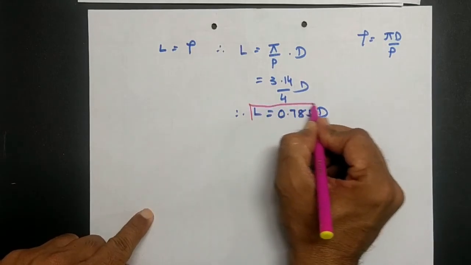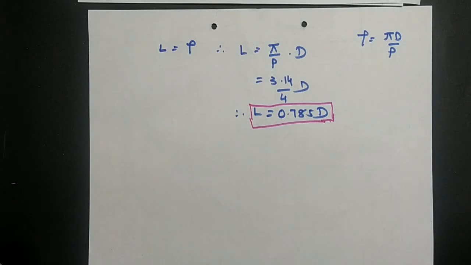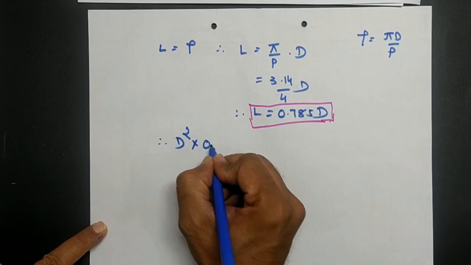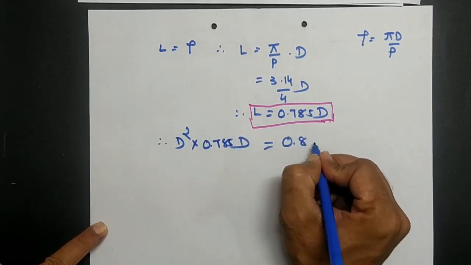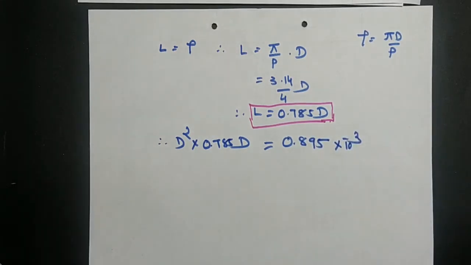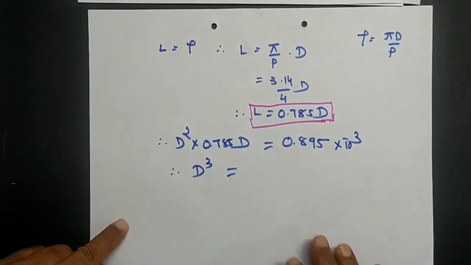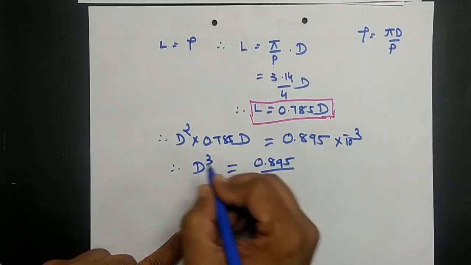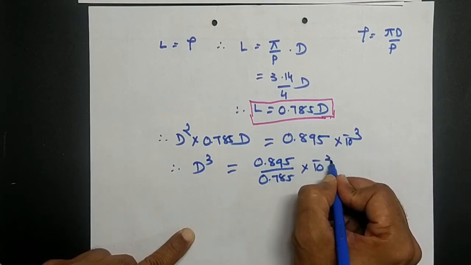Now suppose we substitute the value of L into the d square L equation. Therefore d square multiplied by 0.785 D is equal to 0.895 multiplied by 10 raised to minus 3, and therefore d cube is equal to 0.895 divided by 0.785 multiplied by 10 raised to minus 3.